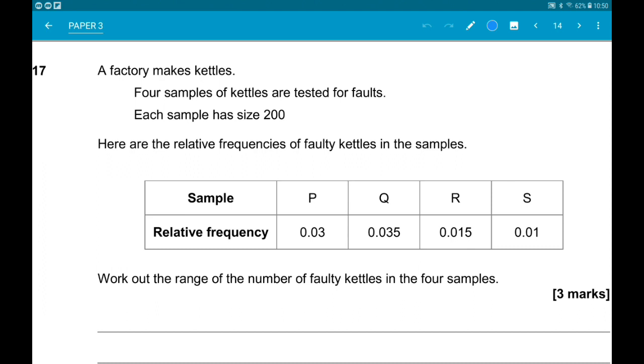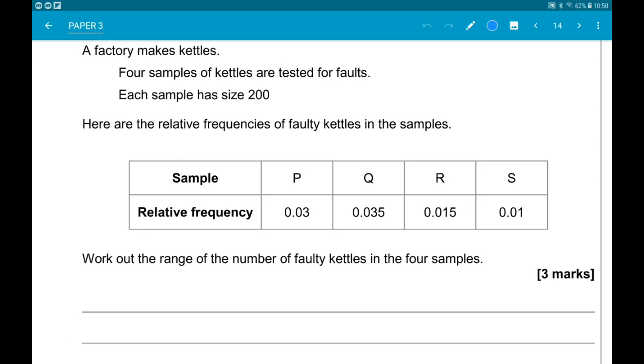So the range is biggest take smallest. So we need to work out the biggest number of faulty kettles and the smallest. Now each sample size is the same. So we are interested in the ones with the biggest relative frequency and the smallest. So that's going to be Q and S.